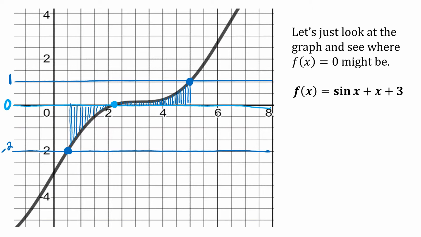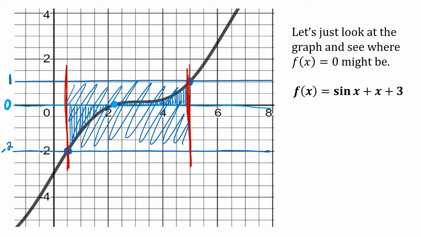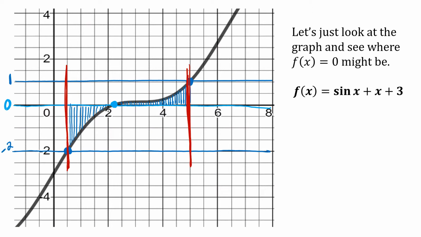So that means that if I'm between 1 and 5, I'm hitting within this band from negative 2 to 1, which means at some point on this interval from negative 2 to 5, I'm going to hit this f of x is equal to 0.